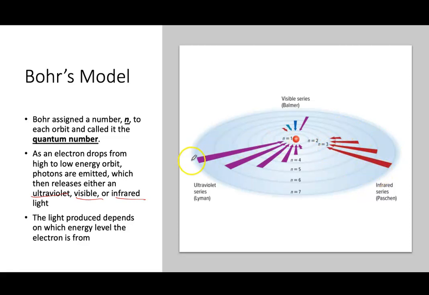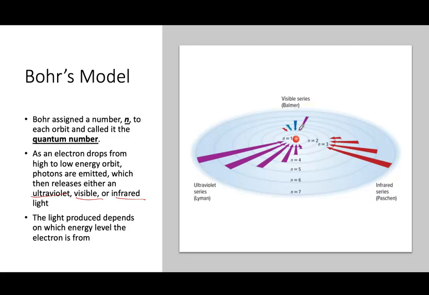If it's bouncing closer to the nucleus, in this case energy level number 2, you can see it will produce ultraviolet light. And this is the visible series. That means when your electron is moving back to energy level number 2, it will produce visible light.